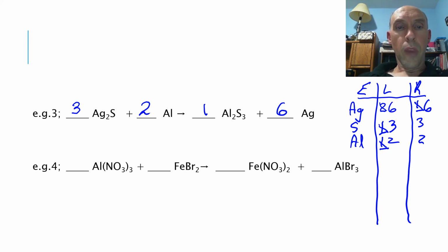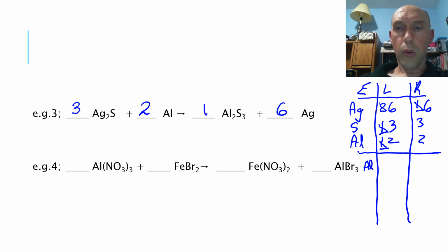Last one. Ooh, now we got brackets. Now, some people think brackets are a huge problem, and I don't find the brackets a problem at all. So we're going to draw that line. A little squeeze for space here, but I'm going to put the Al, and I'm going to put, well, all the nitrogen and all the oxygen always stays together in that nitrate group.